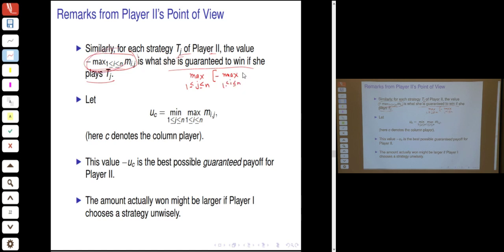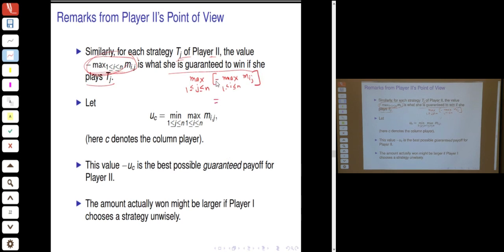So he's just maximizing this guaranteed payoff, right? And again, you use the same principle, you switch the minus sign out and change the nature of this maximum. So this is minus the minimum over j between 1 and n, and the maximum over i between 1 and n, of Mij. Okay?